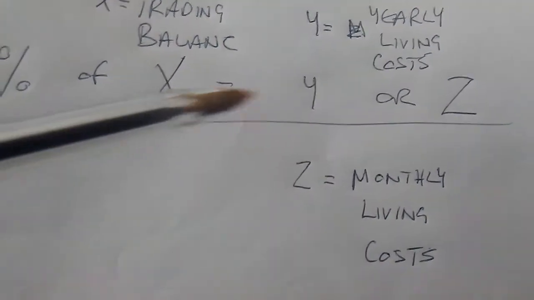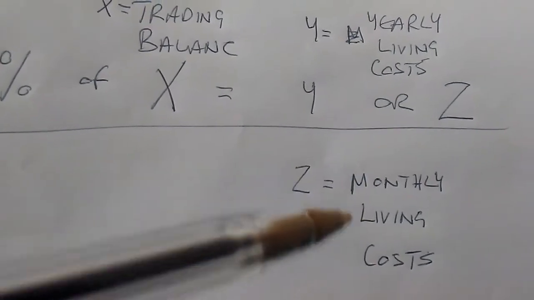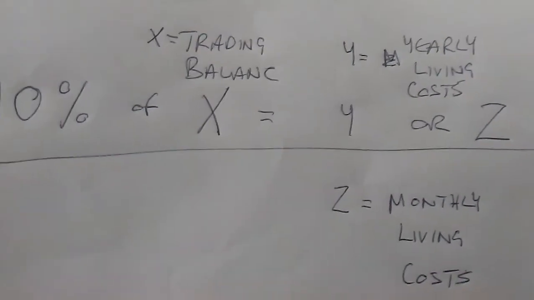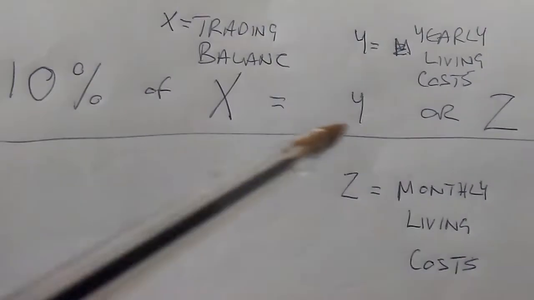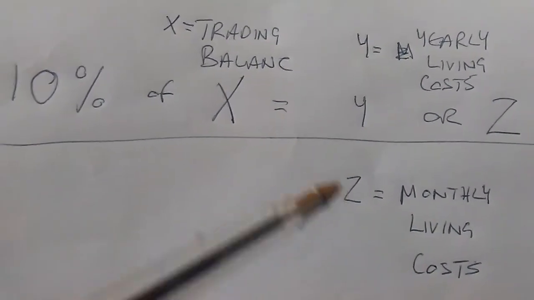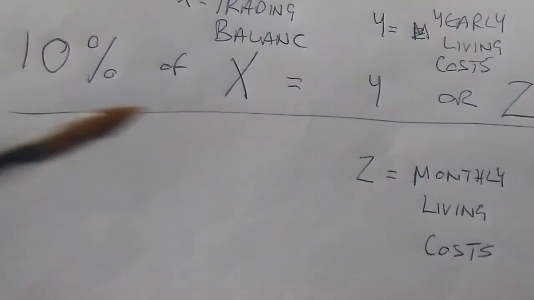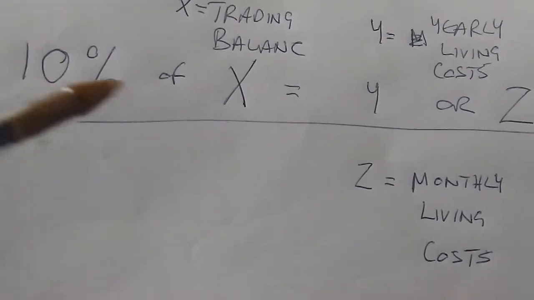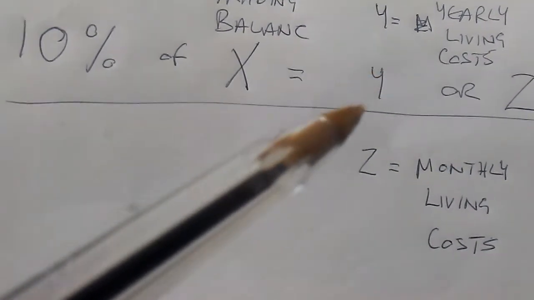Or Z equals monthly living costs. It doesn't really matter which way. If you can't afford the yearly cost, 10% of the balance for 10% of yearly costs, you can just replace the Y with a Z, which is monthly.